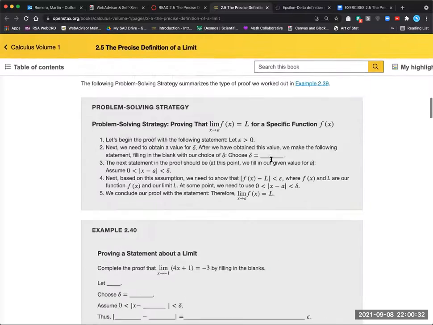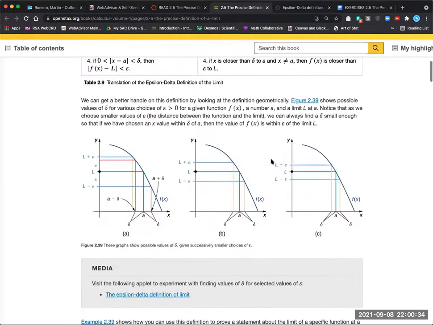As we're trying to find a delta right here, the delta we would state is the one that's closest to the value we're approaching. So whenever you end up with two different potential delta values, we use the minimum of them, because that one ensures that we will always be within that range. If I use the bigger one, then that bigger one is beyond, right? We want to use the smaller one so it encompasses both of them.